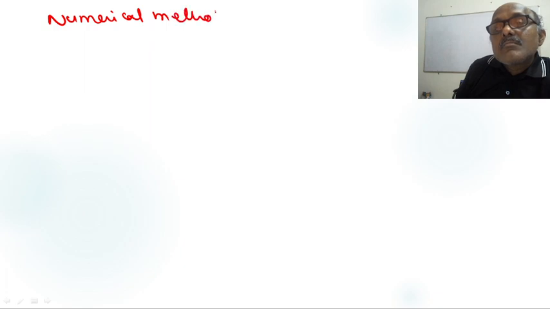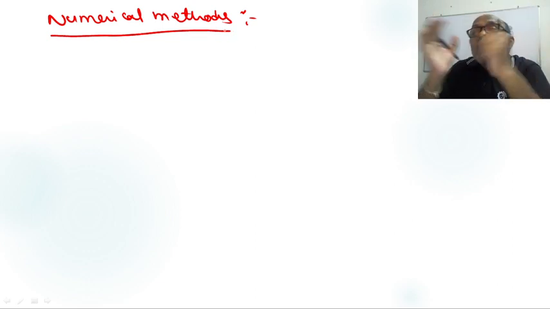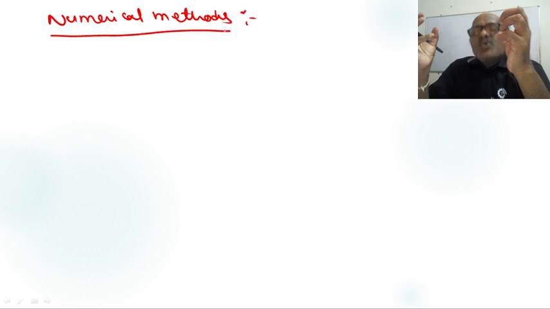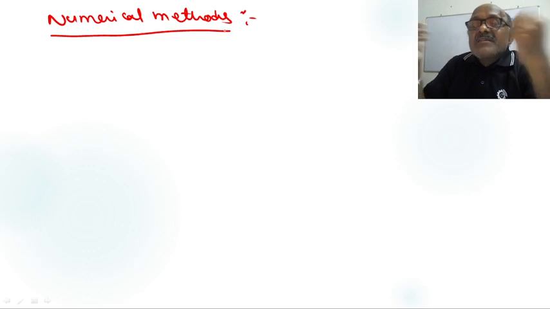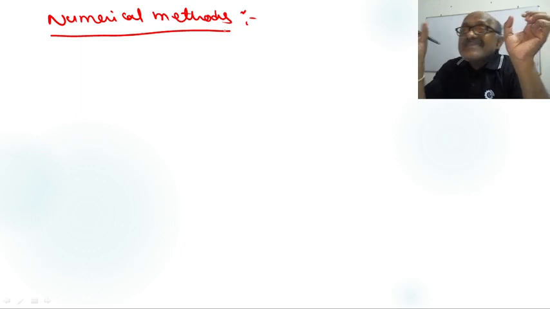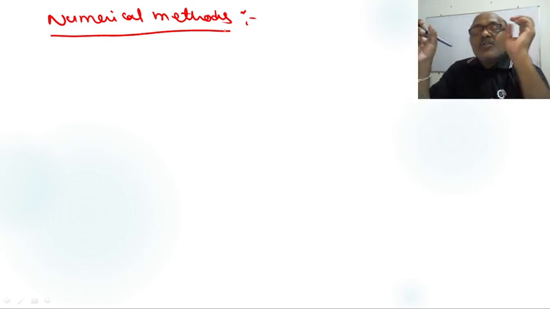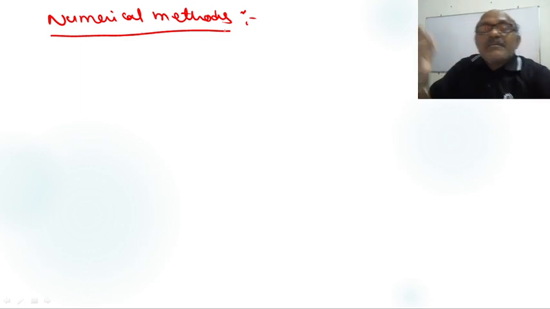Next one, numerical methods. For any analytical description of a physical process or physical phenomenon, we develop a mathematical model. That is, first of all, it is a mathematical representation, my dear students. For any physical phenomenon, we develop a mathematical model, which is nothing but a mathematical representation. So, the numerical method is, first of all, a mathematical representation.